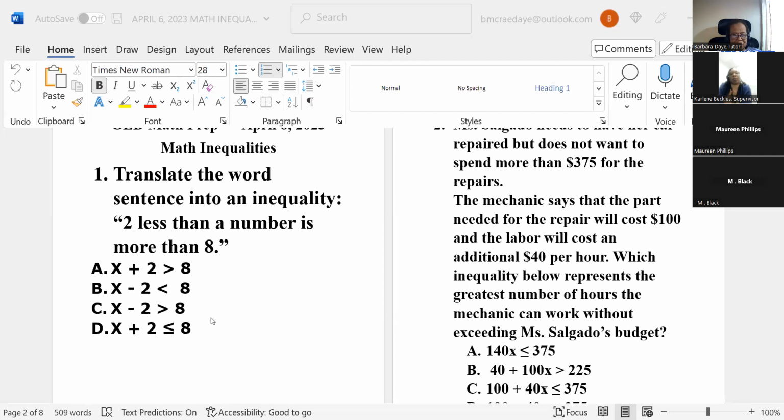B. Your answer, you said, is B. What was yours, Maureen? I say C. Okay, that's a greater than, more than 8, right? So you said B, B is a less than 8, correct? Yes. So why did you say the one that was less than 8? This says more than 8, right here.